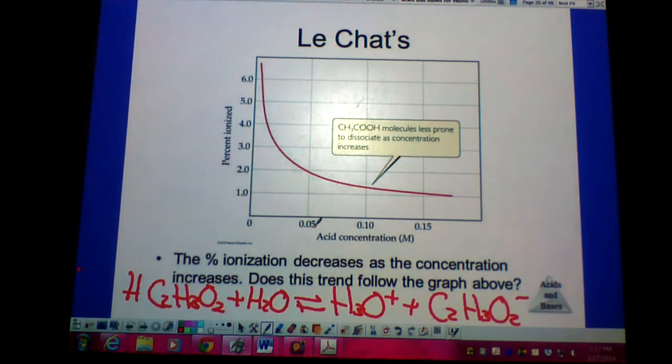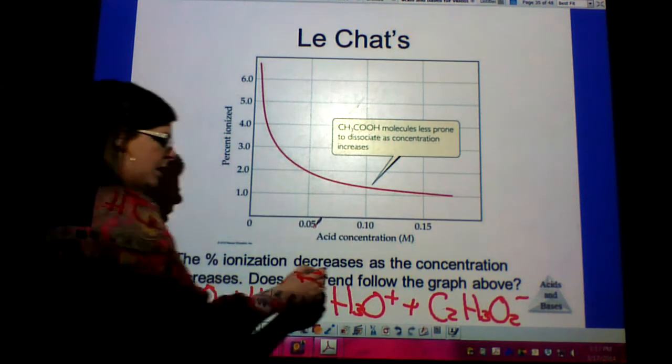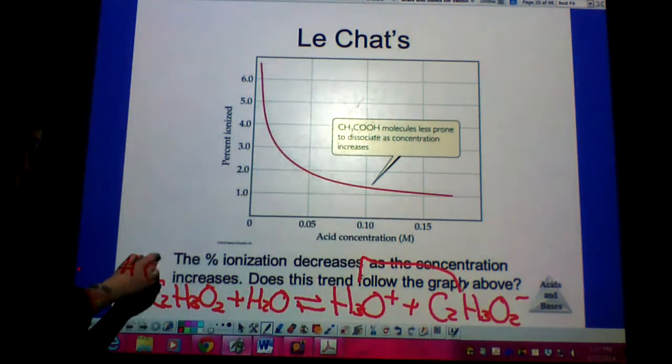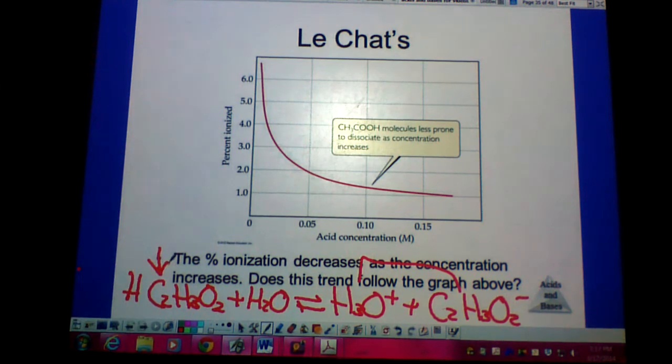Because I have two products, two ions here, and I really only have one reactant, because remember, we're not including water in our equilibrium expression, the total concentration of the products is going to increase faster than the concentration of the reactants.